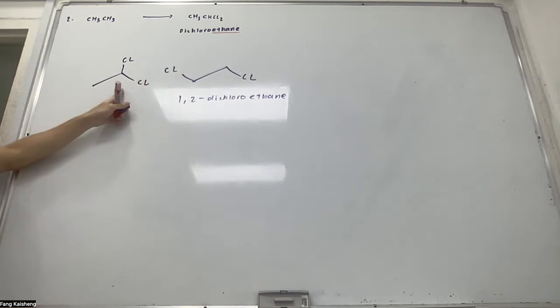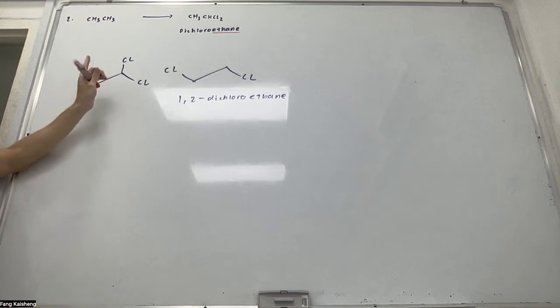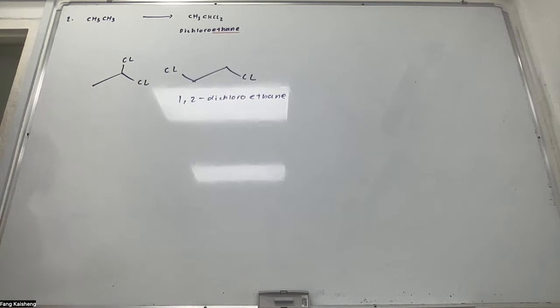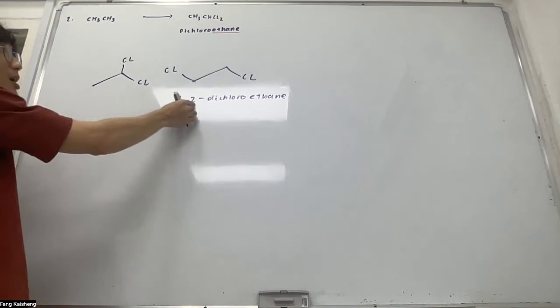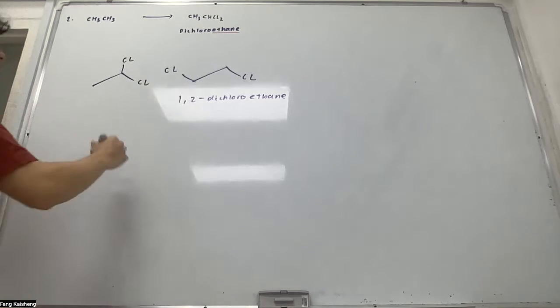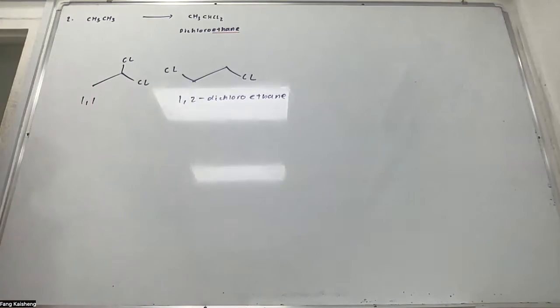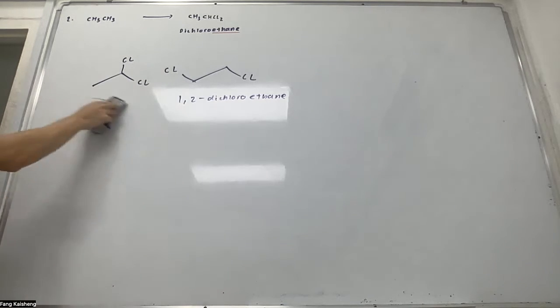Then this one is known as what? If you were to name this, don't look at the question. This is 1,1-dichloro. Sometimes 1,1 is a bit redundant, that's why they never specify. So if they want it on separate carbons, they have to specify. This is also known as 1,1, but it's not really nice to say 1,1. So bear that in mind.